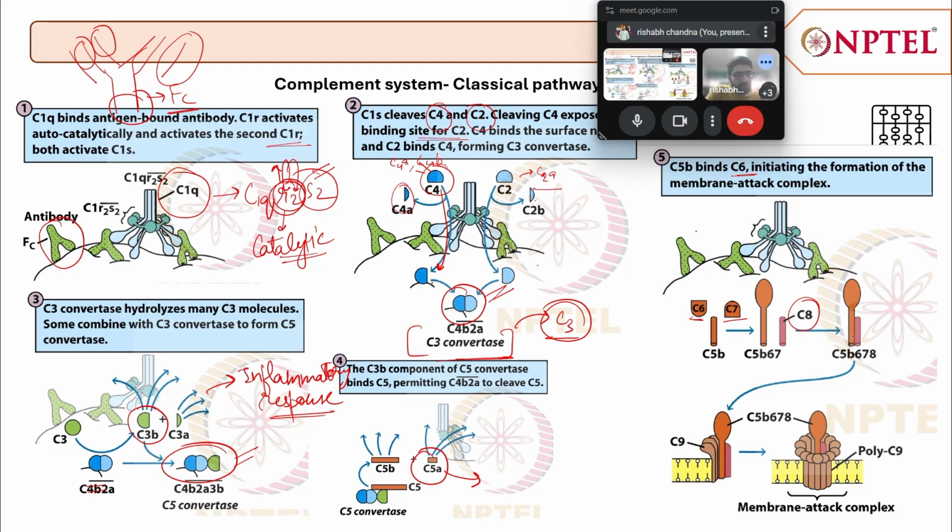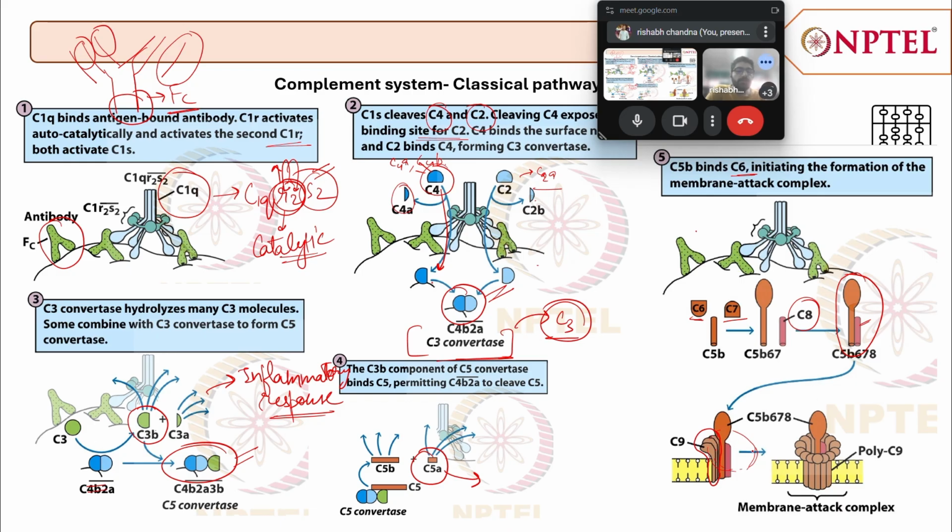So as you can see here, this is a rod-like structure. Now after attaching this, there is a conformational change in C8 that recruits the C9. C9 is basically a rod-like protein that helps in initiation of the formation of the pore-like structure on the microbial surface.